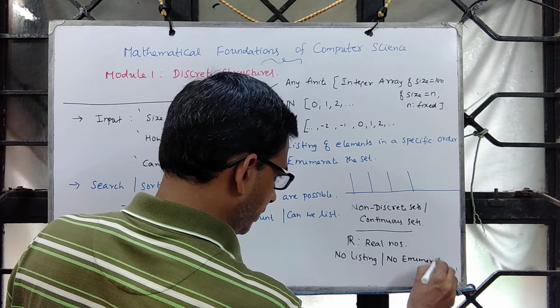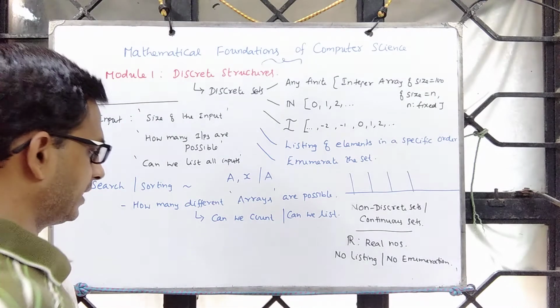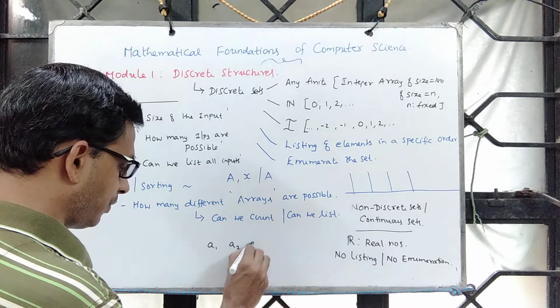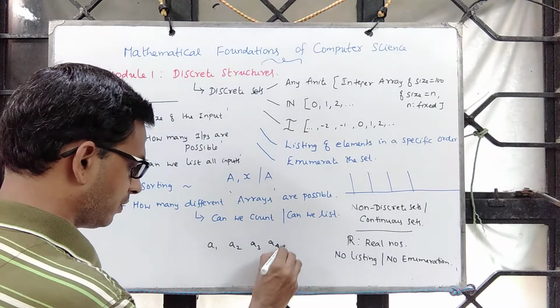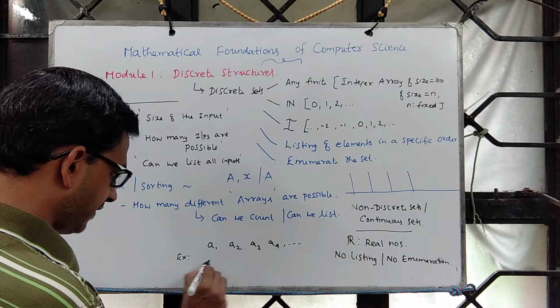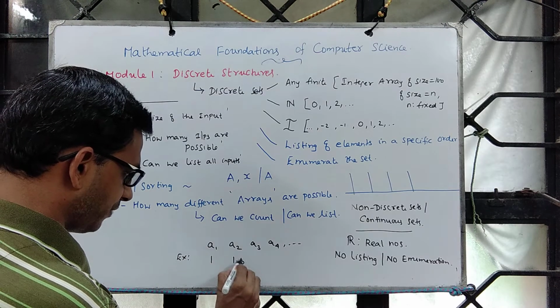So one cannot talk about first element, second element, and so on. For example, you say first element is 1, second element is say 1.5.